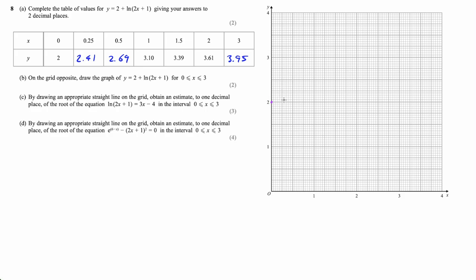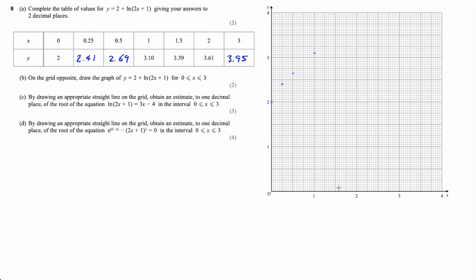So that's 2.1, 2.2, 2.3, 2.4, 2.41, somewhere there. 2.69 will be at 0.5, so 2.5, 2.6, 2.69, somewhere there. 1 is 3.1, so 1, 3.1 is like there.